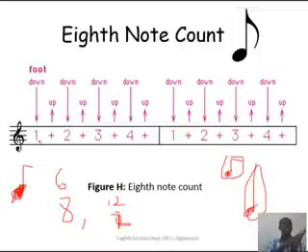But in the case of quarter notes, don't forget it's 1, 2, 3, 4, 1, 2, 3, 4. But in the case of eighth notes, you have 1 and 2 and 3 and 4 and 1 and 2 and 3 and 4 and. So that is the difference between a quarter note and an eighth note.